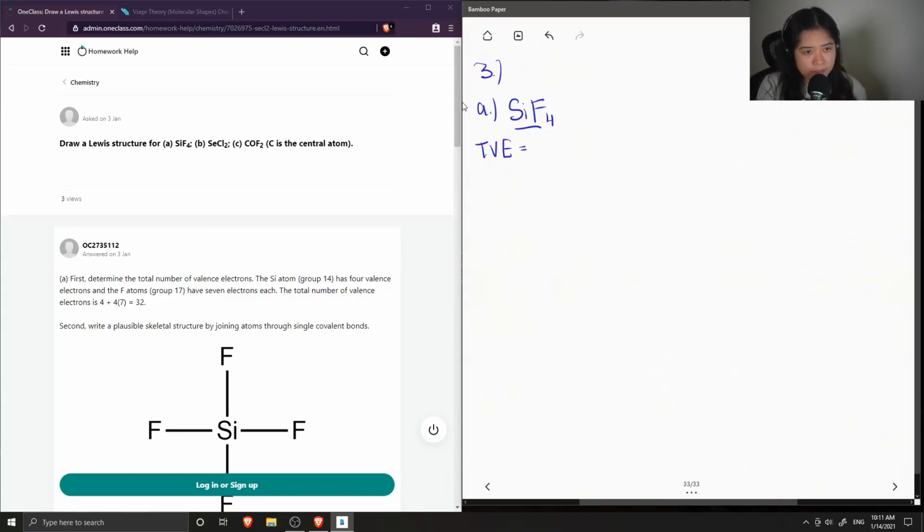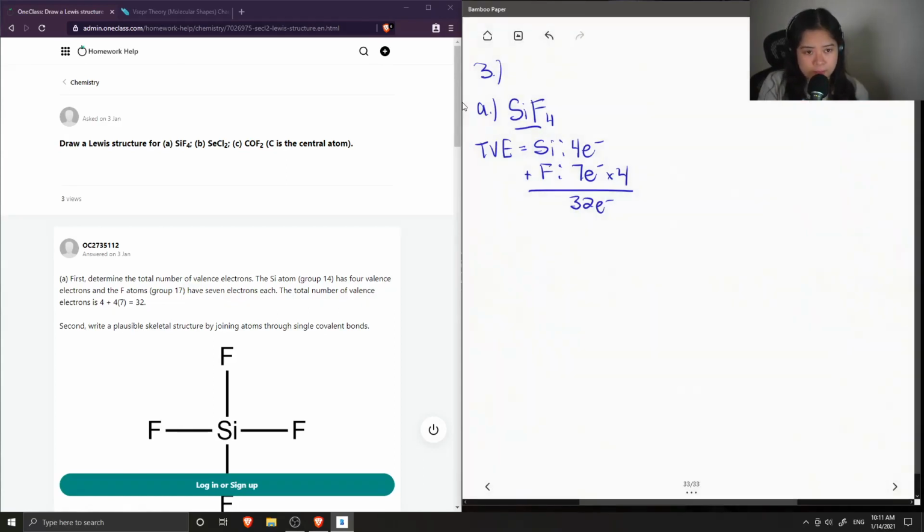So the silicon atom has 4 valence electrons, and fluorine contains 7. And since there are 4 fluorine atoms, we just multiply this by 4. And if we were to add these all up, we'd get a total of 32 valence electrons.